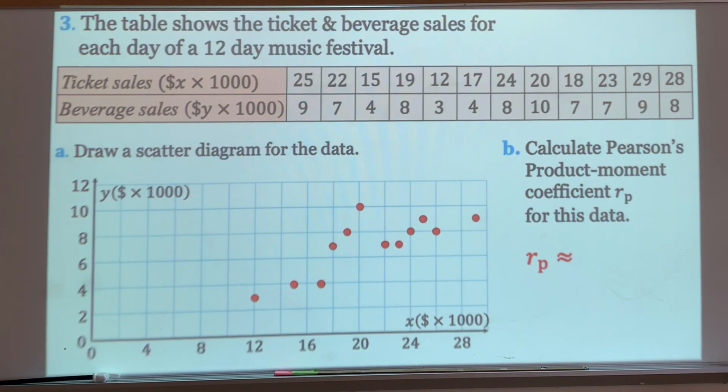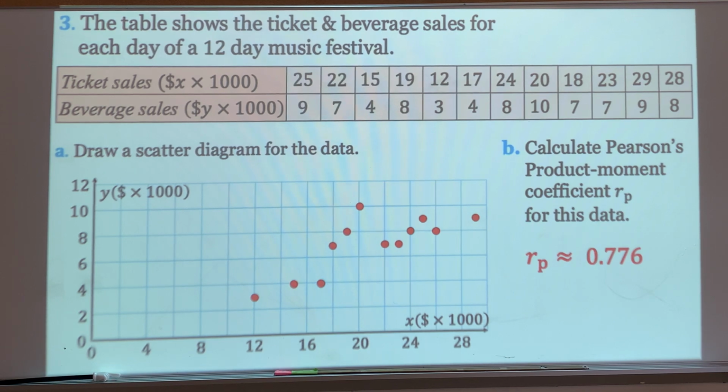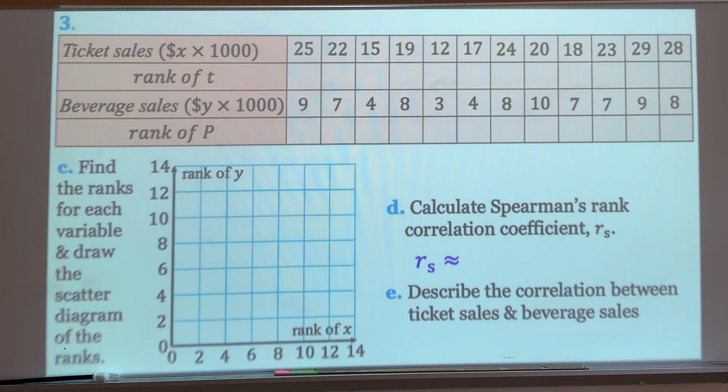And 0.776 is my R squared. Now I found a regression coefficient. All right, our Pearson's product moment. I don't know why I say movement. There's no V in it.